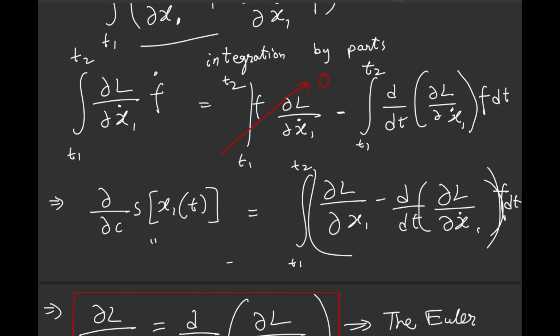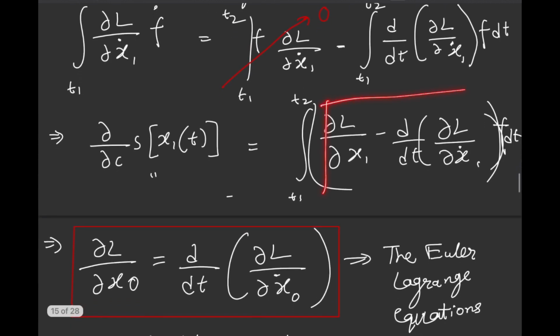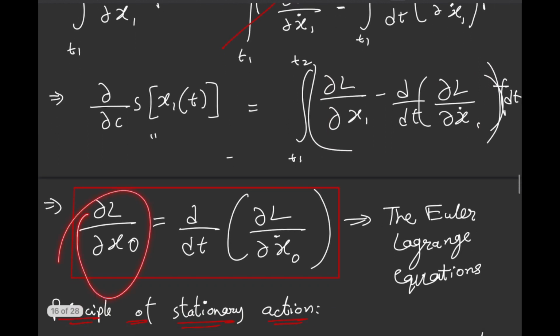And this is because we are assuming at x naught of t there is a stationary value. So instead of x1, I am writing x naught here, because at x naught only there is a stationary value. So at x naught, the thing inside the bracket must be 0. That gives us dou L by dou x naught equal to d by dt of dou L by dou x dot, which is the same thing as the Euler-Lagrange equations.